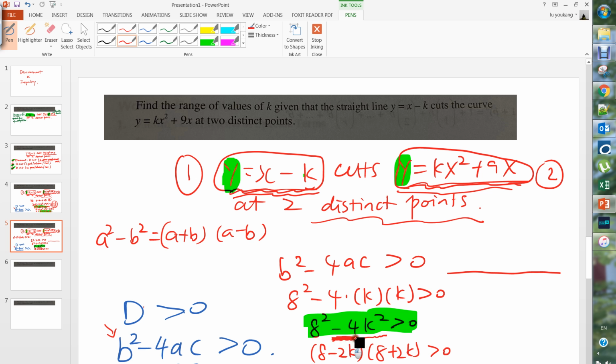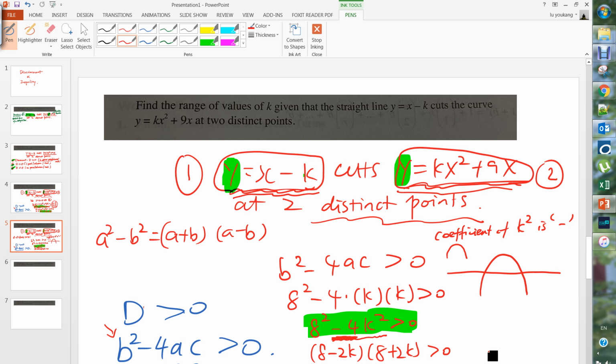Can you see? It's minus 4. So that means the coefficient of the k squared is negative. So what does it mean? It means it's a frown face if you were to draw the curve. So therefore, I will draw a frown face.